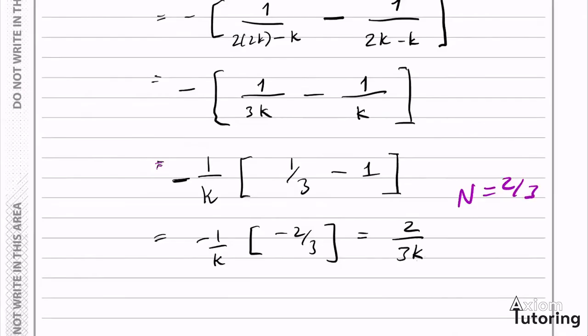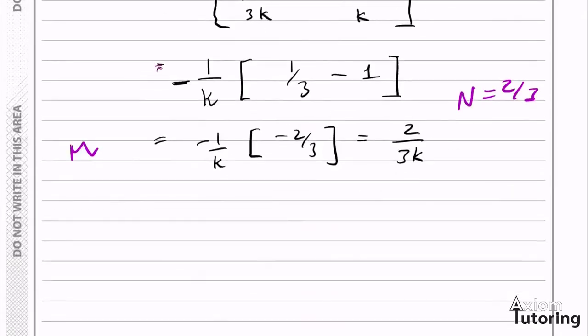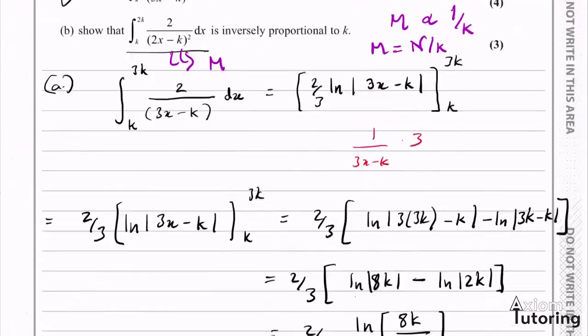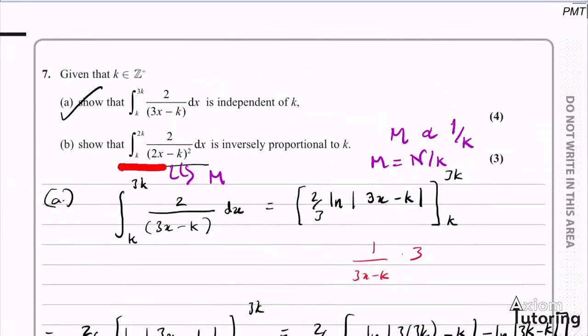Our k is just our k, so we have our result for our integral m is equal to 2 over 3k, so m is equal to n over k. And so we have shown that in part B, the result of this integral is inversely proportional to k.